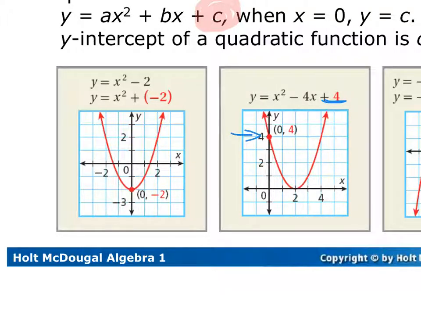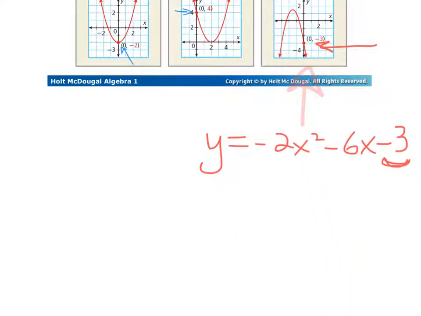So the very last number is going to tell you where your graph hits the y-axis. Notice this one has negative 2 here, so right here. And it's always the constant. It is the number that doesn't have a variable. Okay, if you have an equation like this, y equals x squared minus 2x, where is your y-intercept? What's your c term?